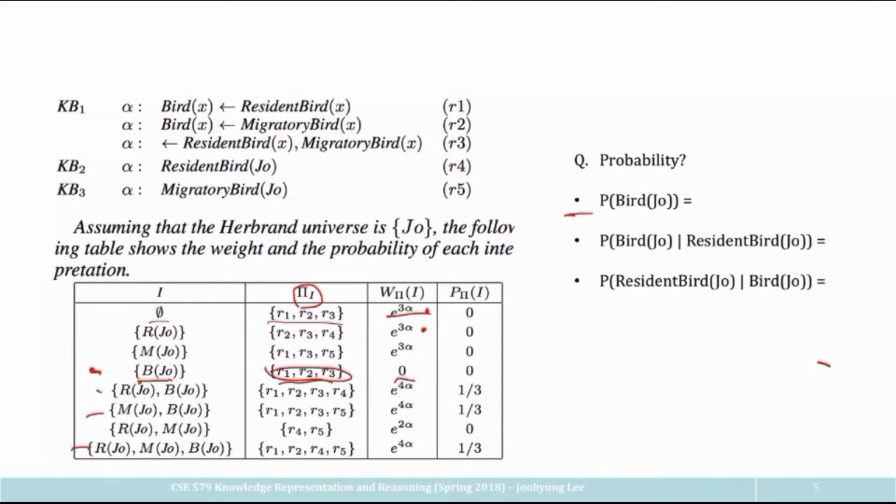There are 4 interpretations that make bird of Joe true, and you add up all their probabilities, which becomes 1. The conditional query is also the same. You have the probability of bird of Joe and resident bird of Joe, divided by the probability of resident bird of Joe. That's how you do conditional probability. There is nothing different from basic probability theory here.